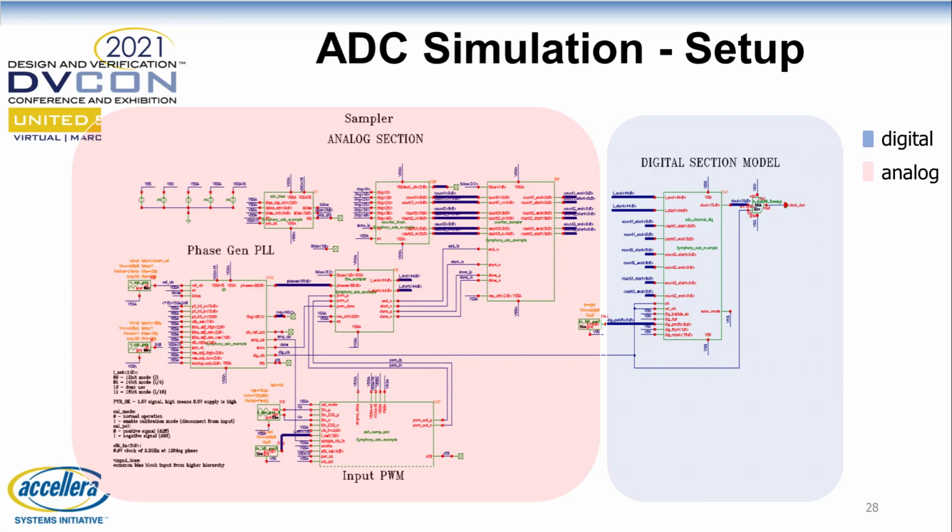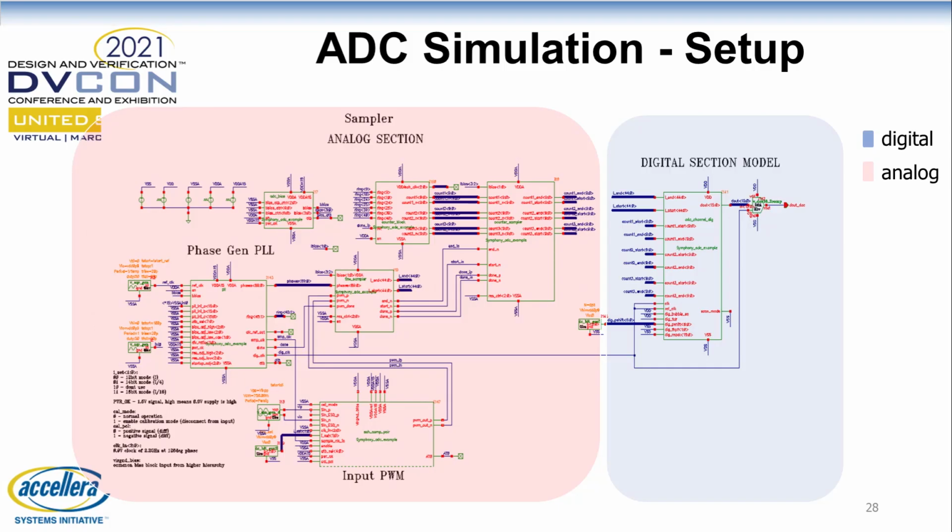The simulation of the full ADC is of course a mixed-signal one. The pink region contains the analog blocks, the pulse width modulator and multiphase PLL that use Verilog-A models, and the latches with their bias circuit that are simulated with full transistor schematics.